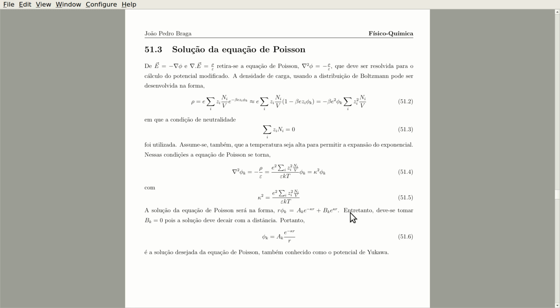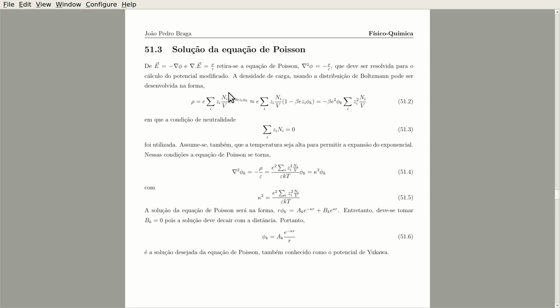But the solution has to be bound at large distance, so it cannot explode. Therefore, consequently, you have to make B equal to 0. That's the final solution of the Poisson equation for a proton surrounded by electrons, by this charge density around a point.